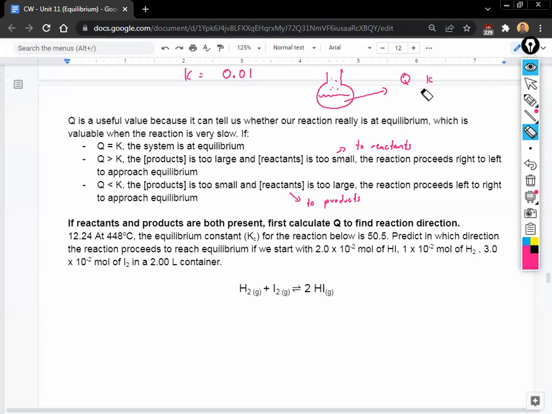But if Q is less than K, that means we have too much reactant and we need to make more product until we get to equilibrium. So it's a useful way to figure out whether our system is at equilibrium or not. Very useful when reactions take a super long time and you want to make sure if it's at equilibrium or not. Okay, yeah, what's up? Yeah, too much product.